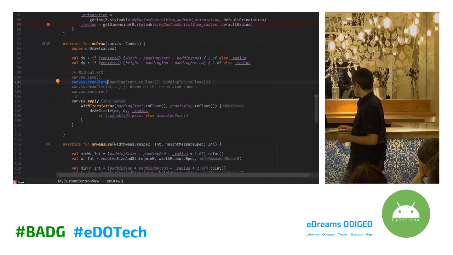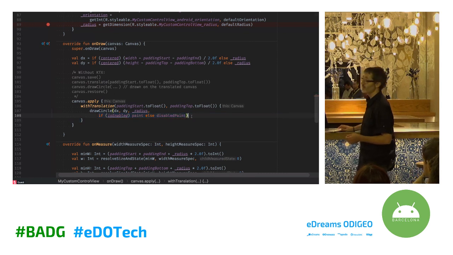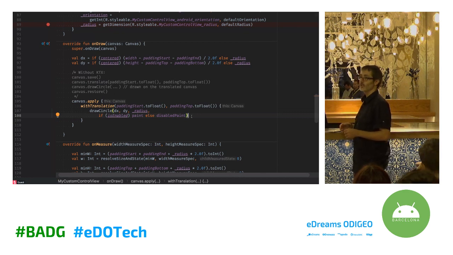And then basically what I'm doing is canvas.drawCircle. In this case, the parameters are center, radius, and finally a paint. As I said, paint will allow us to provide the parameters on how to draw. And in this case, if the control is enabled, I'm using the one, maybe I should have called it enable paint and disable paint, it would be clearer.